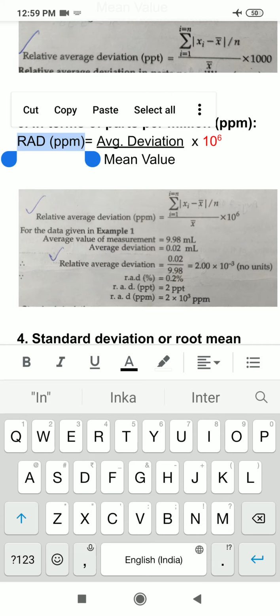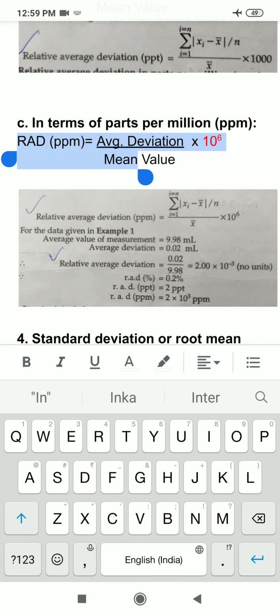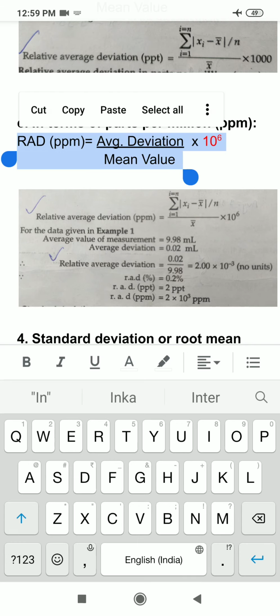So if I wish to write relative average deviation in parts per million, I will write it as average deviation divided by mean value and multiplied by 10 raised to power 6.